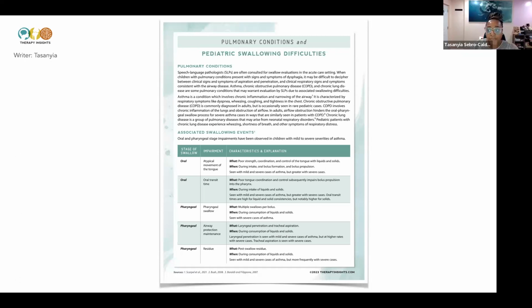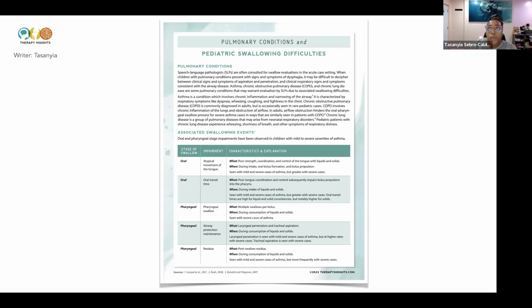Okay. So I'm going to backtrack a bit. I don't know what we missed. So this piece has a little information on pulmonary conditions specific to the pediatric population. And even though I did focus a little bit more on asthma, it could be applied to other pulmonary conditions as well.